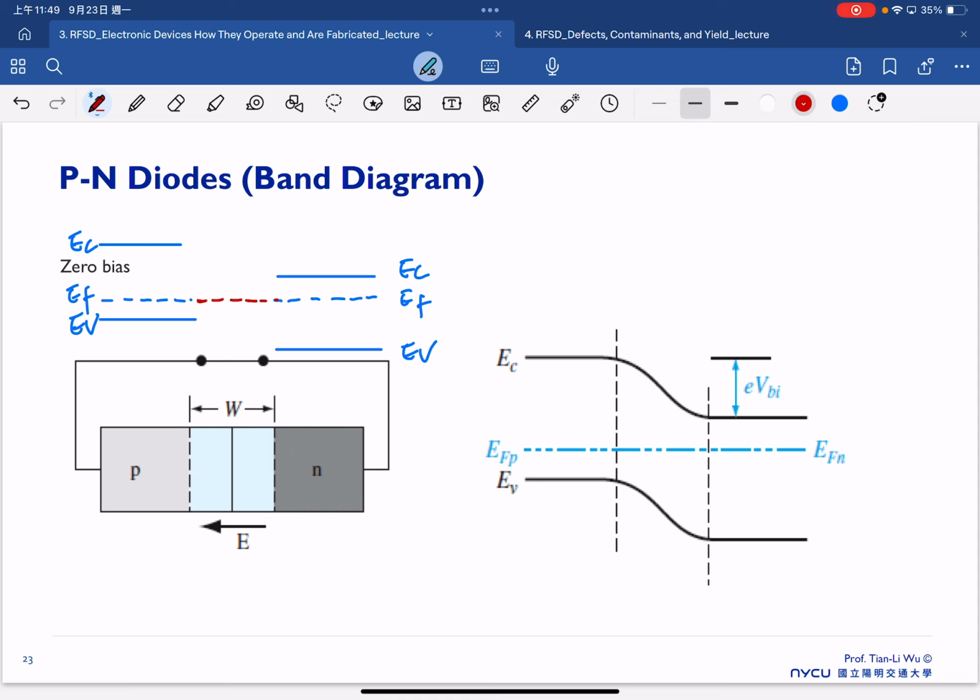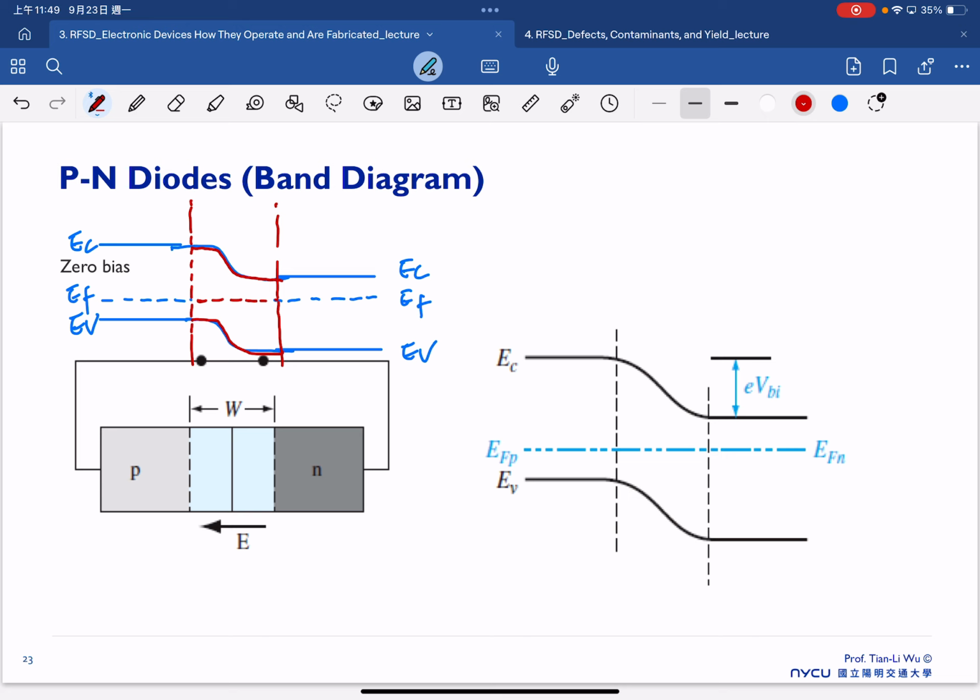So that means the band diagram in this region will look like this. So this is the depletion region or space charge region that we have been talking about.